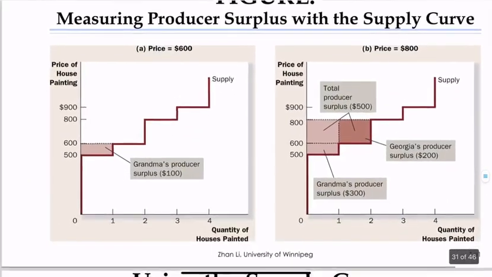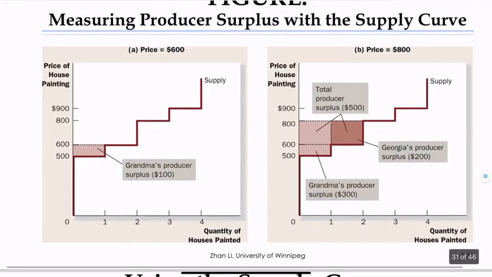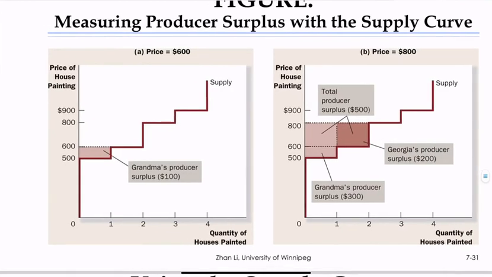And now you can see that calculating producer surplus becomes simple once you understand the supply curve gives you cost of production, right? For example, if we want to calculate Grandma's producer's surplus, we would only look at the area between the price and the supply curve. So in this case, the area equals 100 times 1, so it's 100.